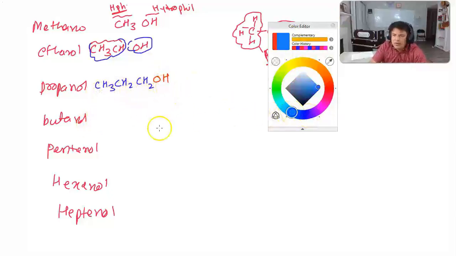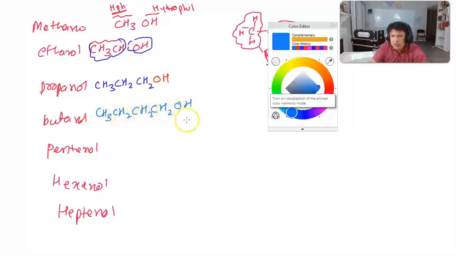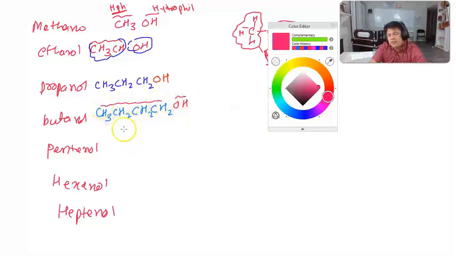Butanol, CH3, CH2, CH2, CH2, OH. So OH is hydrophilic, and the blue part is hydrophobic. Now pentanol, CH3, CH2, CH2, CH2, CH2, and OH.